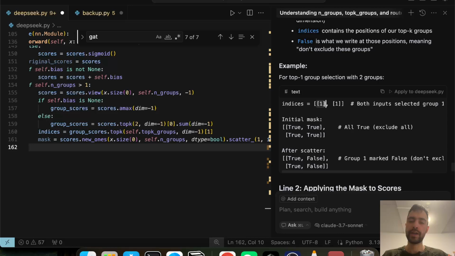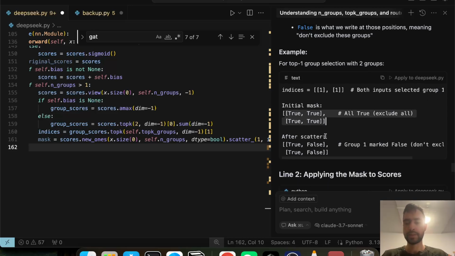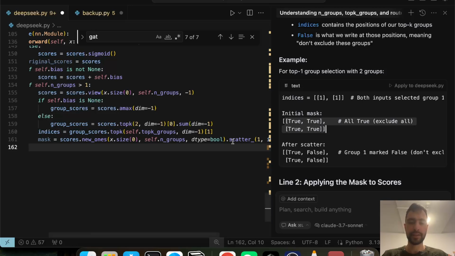For the first token, we will select the group with index 1, which is second group. And for the second token, we will also select, for example, group with index 1. And the initial mask will be true everywhere to exclude all groups. And then after this scattering, we will replace the group with index 1, and the group with index 1 for the second token, with false.